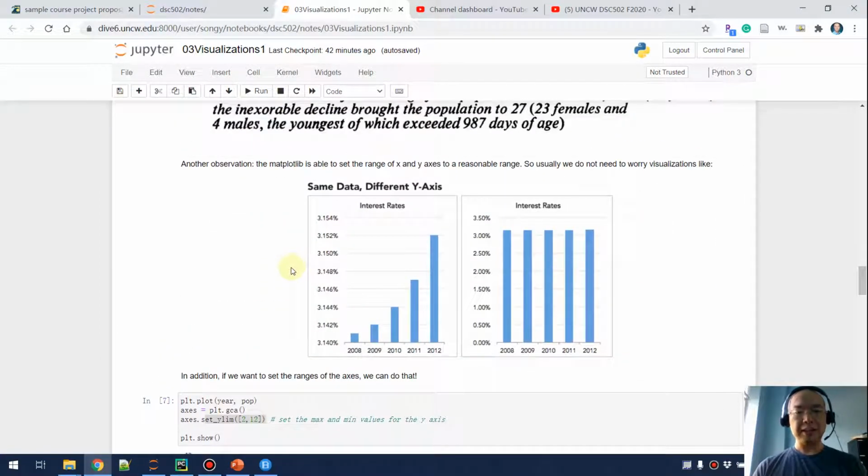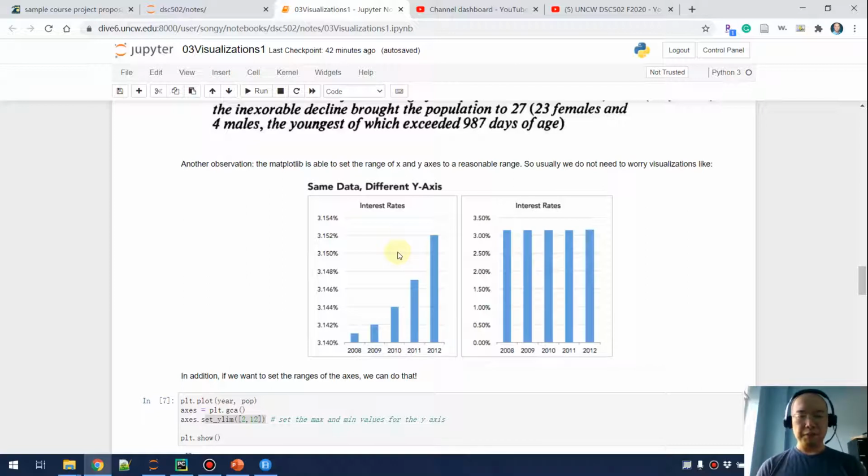Especially if you're trying to make this visualization to cheat people's eyes, it's a good idea to specify the range of the x and y axis. From the left side, you feel like this is a constant increase, right?